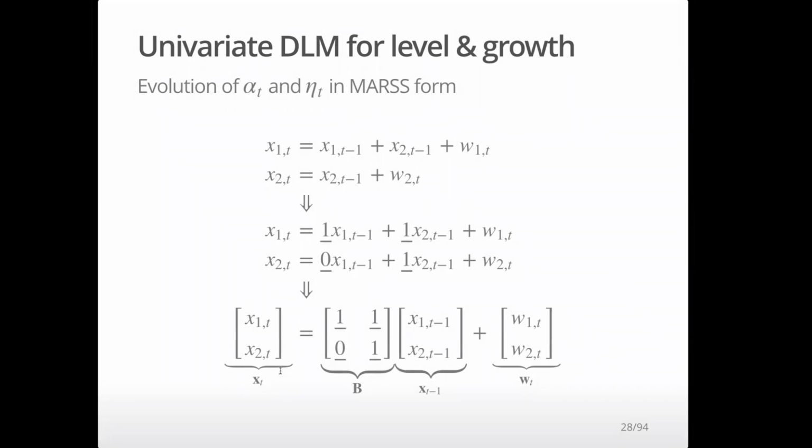And we write this as x of t equals a matrix B times x of t minus 1 plus a vector of process errors. And the models up to today that you've seen like this just had a 0 in the upper right here for biased random walks. Okay, so that's how you can get both the intercept and the bias term to change over time.